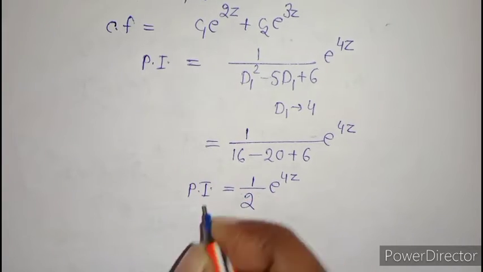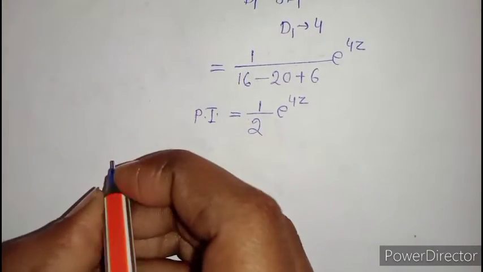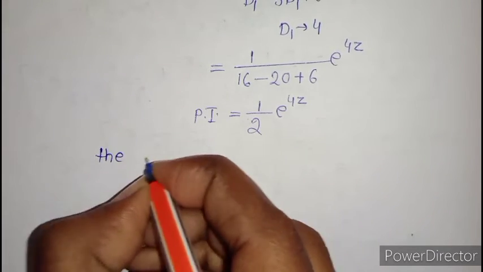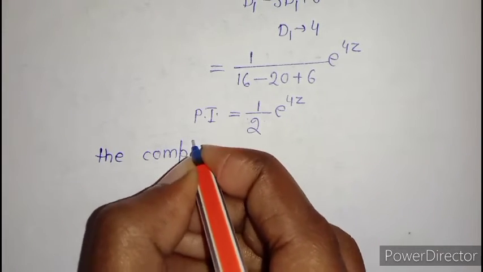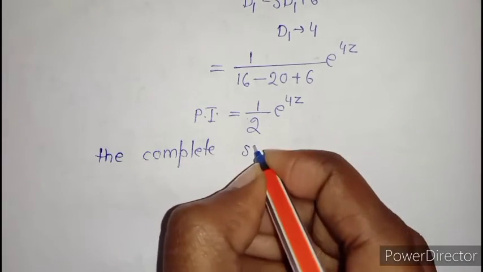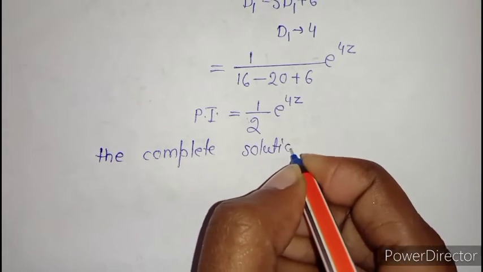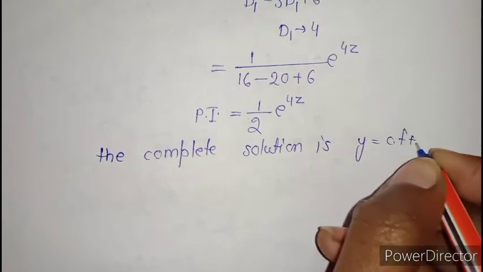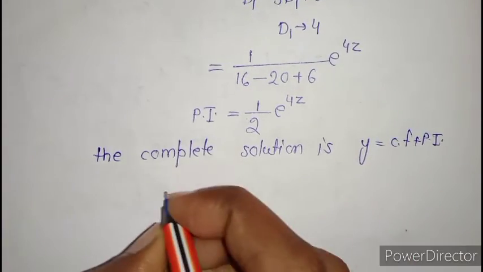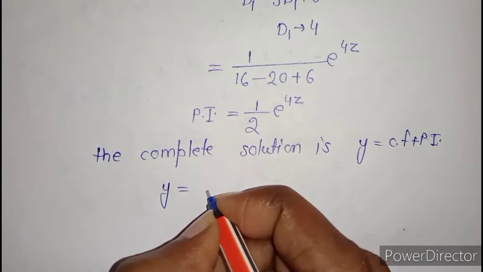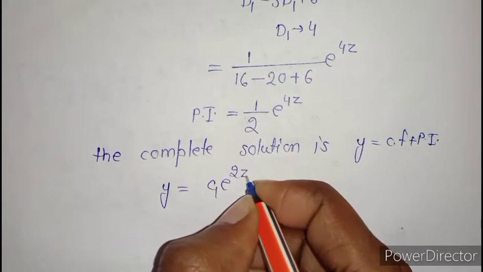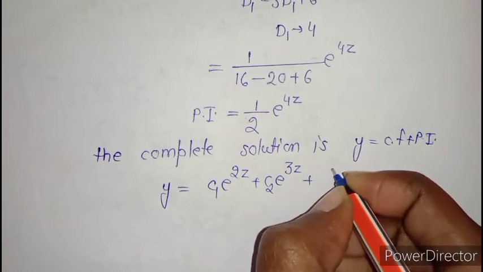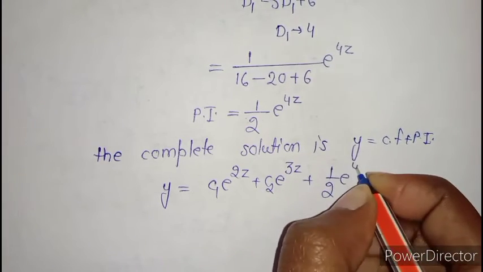In order to write the complete solution for this differential equation, we have to add CF and PI together. So the complete solution is the sum of CF and PI. So y is equal to C1 e raised to power 2z plus C2 e raised to power 3z plus PI, which is 1 by 2 e raised to power 4z.